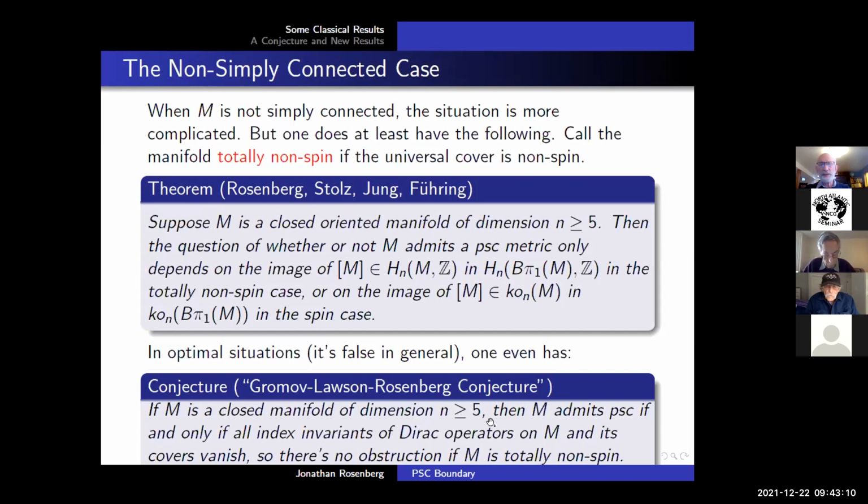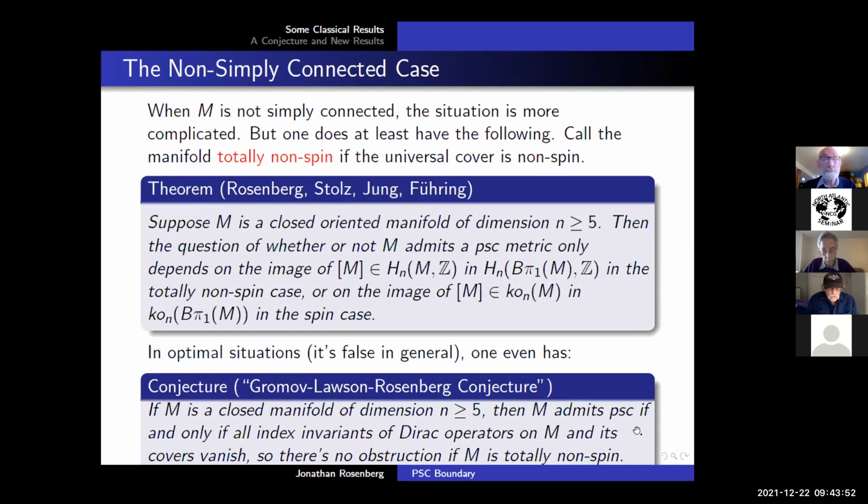So let's say you take T^6 and you take a connected sum with CP^2 cross S^2, then that's totally non-spin. According to this, it should have a metric of positive scalar curvature, but by the minimal surface method, you can show that it doesn't. So this was always known to be false, but Schick constructed a whole bunch of other types of counterexamples as well in the spin case. But none of these things are counterexamples to the stable conjecture.